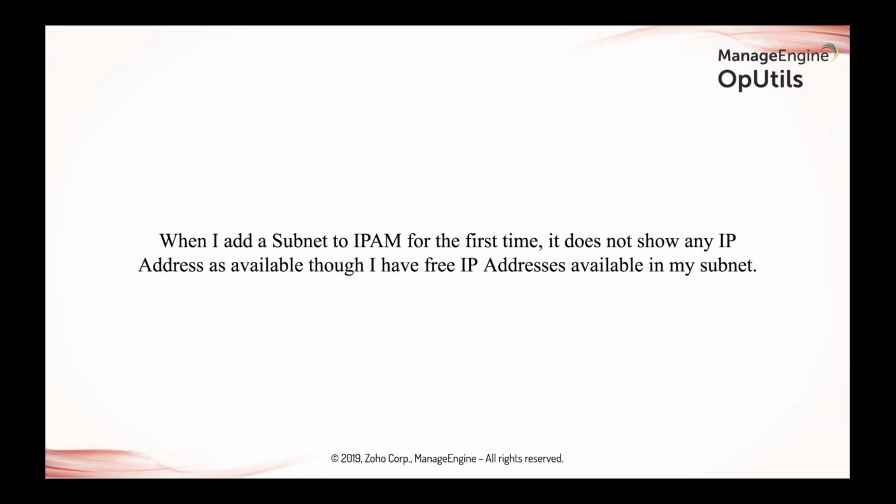This is because not all the non-responding IPs are available. Some might be down or affected by a network issue, or the port might have been shut down, right? So after the first scan we place those IPs in a transient state. And if the IP is continuously not responding for the next 10 days, we'll mark that IP as available.